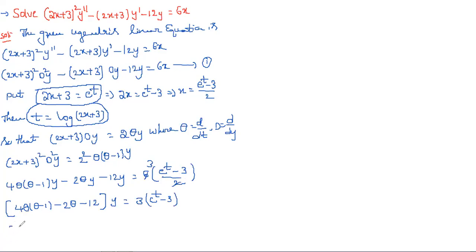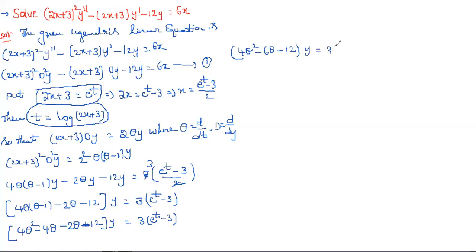If you simplify this, what will we get? 4θ² − 4θ − 4θ − 12 y = 3(e^t − 3), which is 4θ² − 8θ − 12 y = 3(e^t − 3).